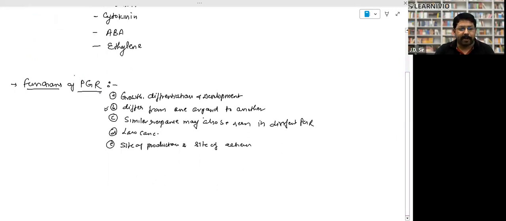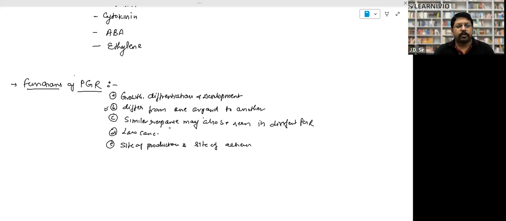What is the function of plant growth regulators? Growth, differentiation, and development: growth of the plant, differentiation of the cell, and development of the cell. Their function differs from one organ to another.